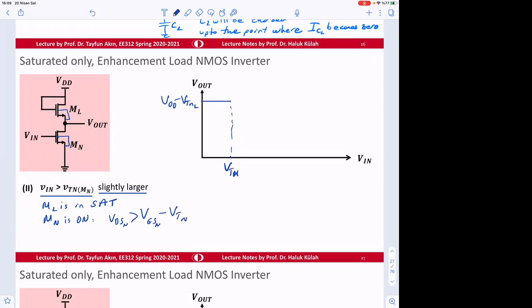Okay, so let's say this is slightly, maybe around 4 volts. We know that this is 1 volt. So if the input is slightly larger than VTN, right?